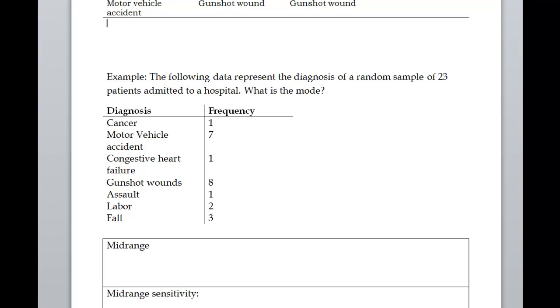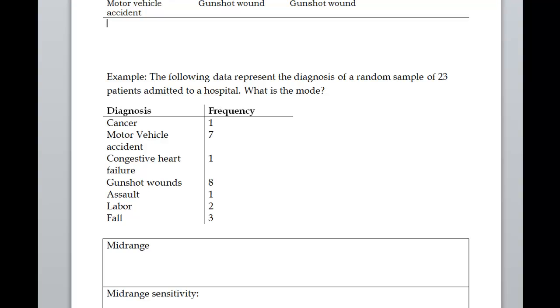Okay, so looking at this, what would you say the mode is? Okay. All right, I got one vote for 1. Anybody else? Everybody says 1? No? Okay, we've got one head shaking no. What would you say it is? Gunshot wounds. It's gunshot wounds.